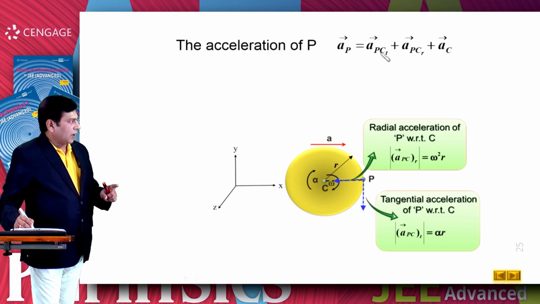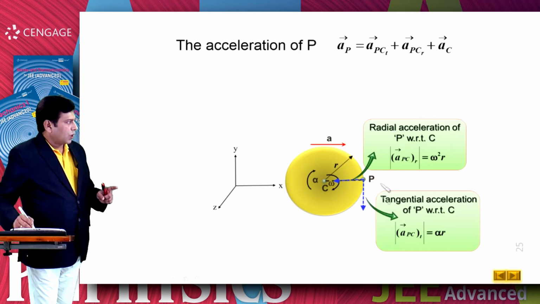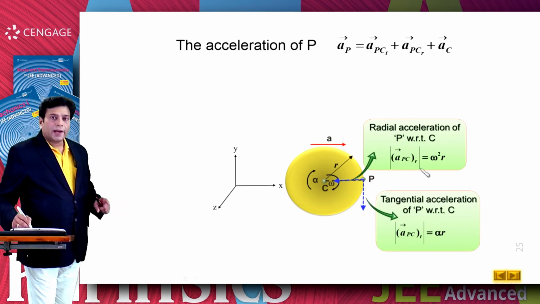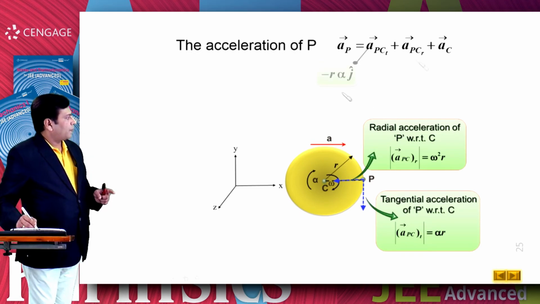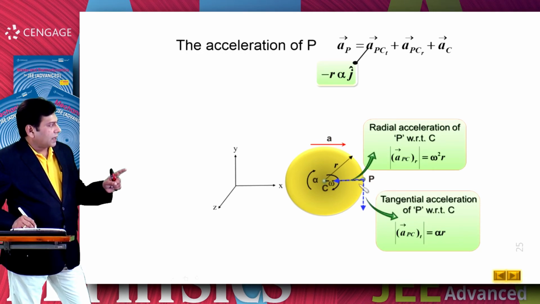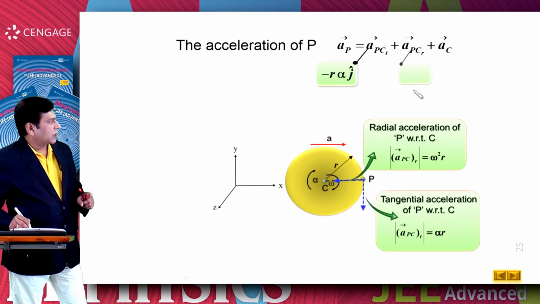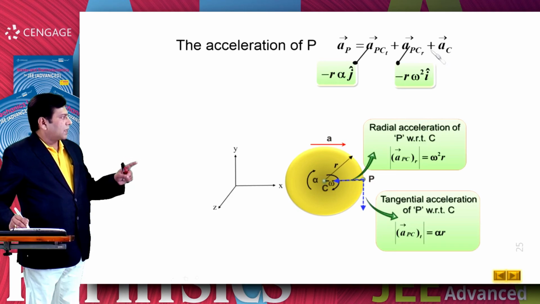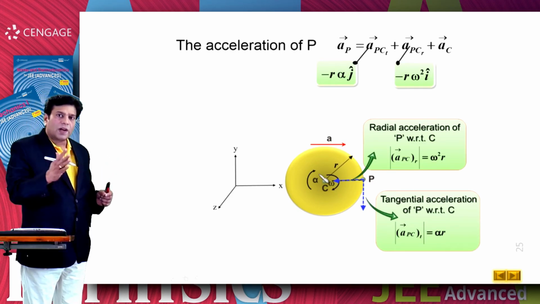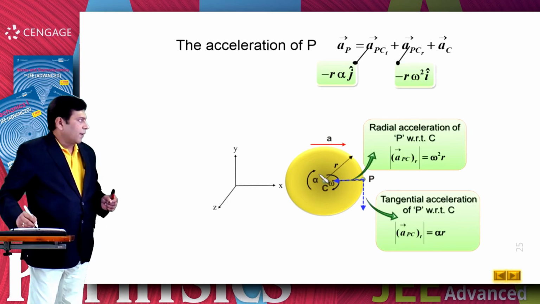We can write this value. First observe this value. In tangential direction it is alpha r, in downward direction, that is minus j cap. And now come to this acceleration, that is omega square r, in minus i cap. And here this acceleration, that is the acceleration of the center of this disk, is along the rightward direction, that is A i cap.